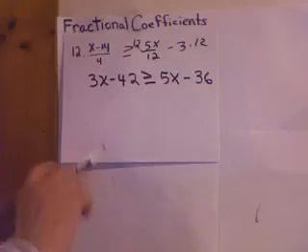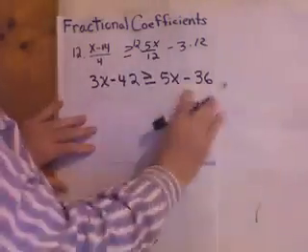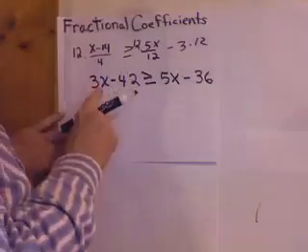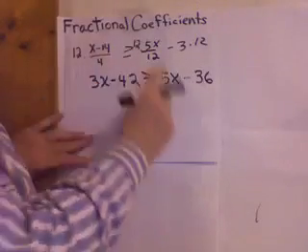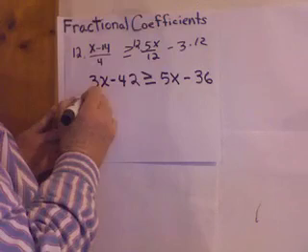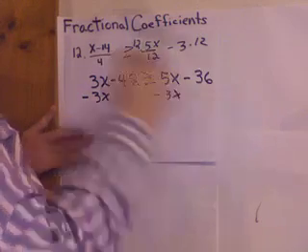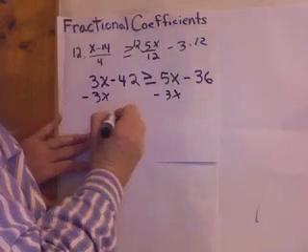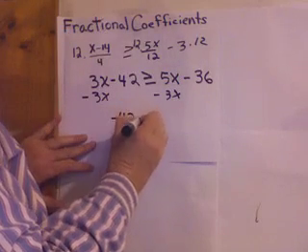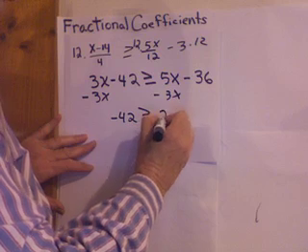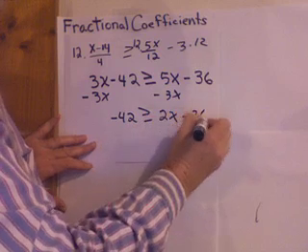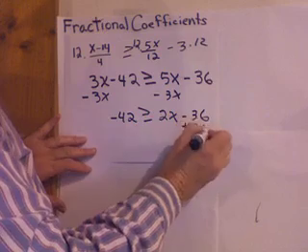All right. Okay, so we got rid of the fractions, so now let's finish solving this problem. Let's get all the x's together. There's more positive over here, so I'm going to subtract 3x from both sides. You can subtract the 3 or the 5, it's your preference here. So minus 42 greater than or equal to 2x minus 36. Now I'm going to add 36.